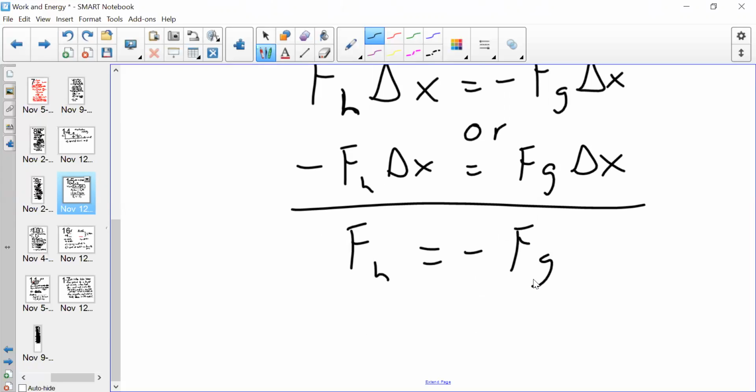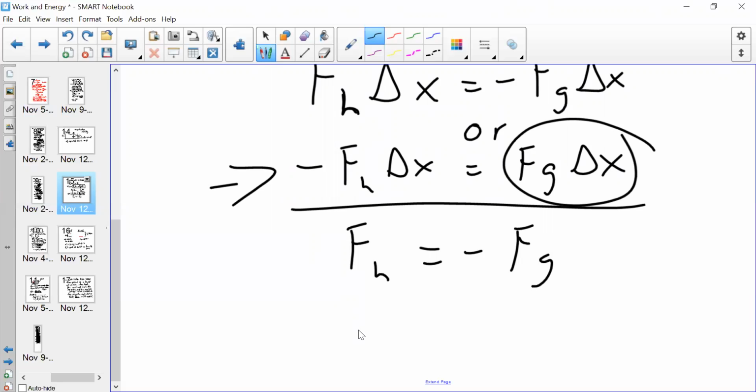You know that by Newton's third law, and you can see that at least intuitively in the demonstration there. So the work done by the force of the hand will be negative and the work done by gravity will be positive, or the other way around. It's just either or.